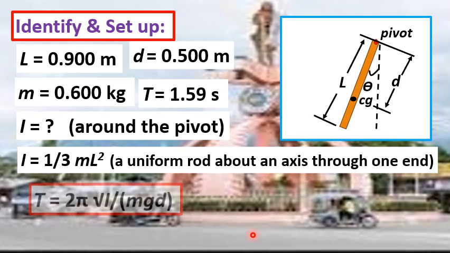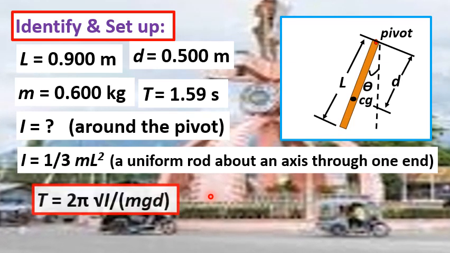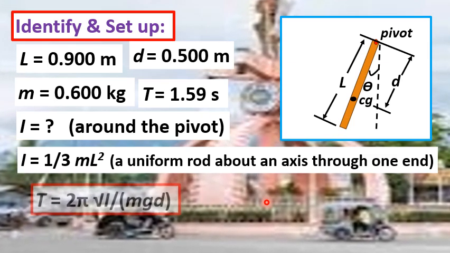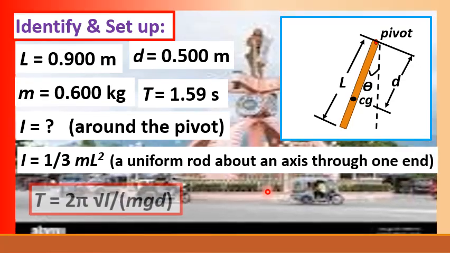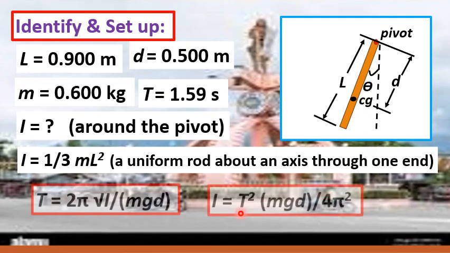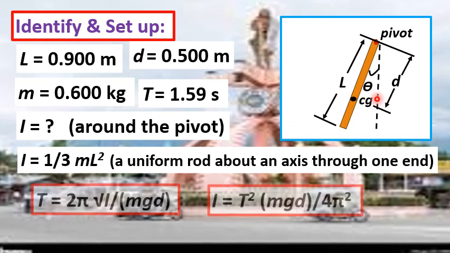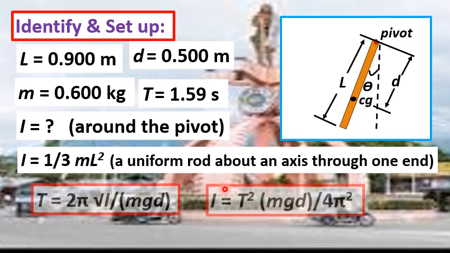When we do that and isolate for the moment of inertia, capital I, we will come up with this working formula in determining the desired moment of inertia of this non-uniform rod.